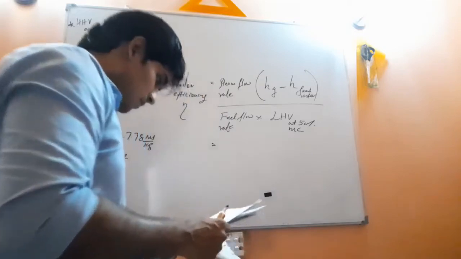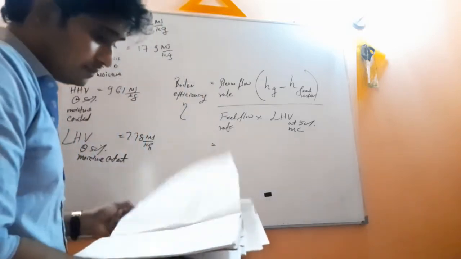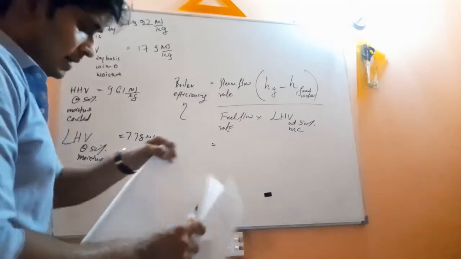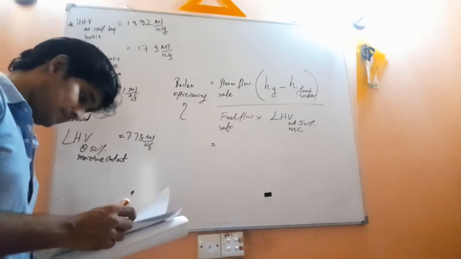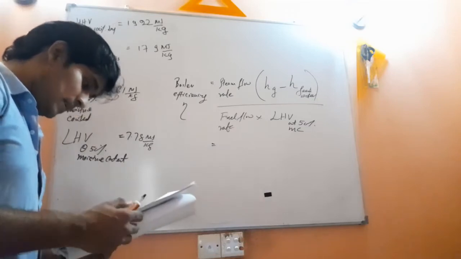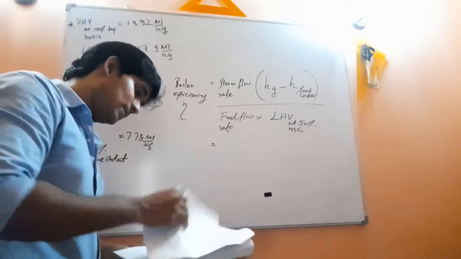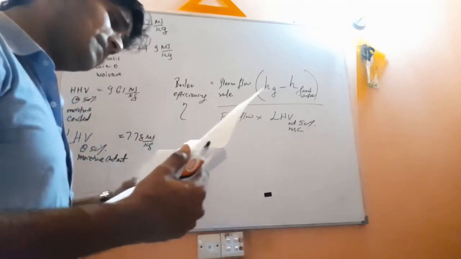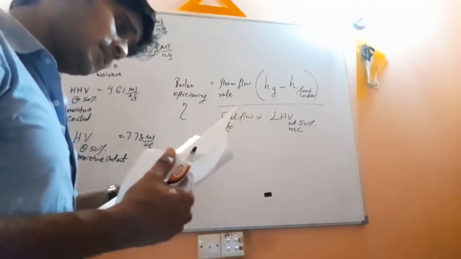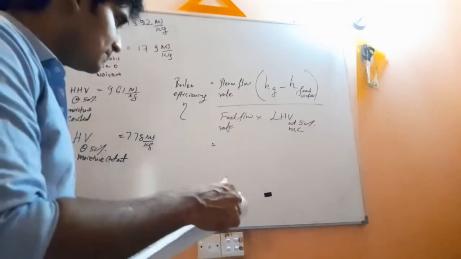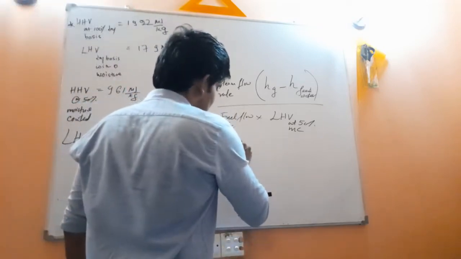Now carefully look into the problem, right? So what is the steam flow rate here? Steam flow rate in the problem, if you carefully study the question, is 30.7.